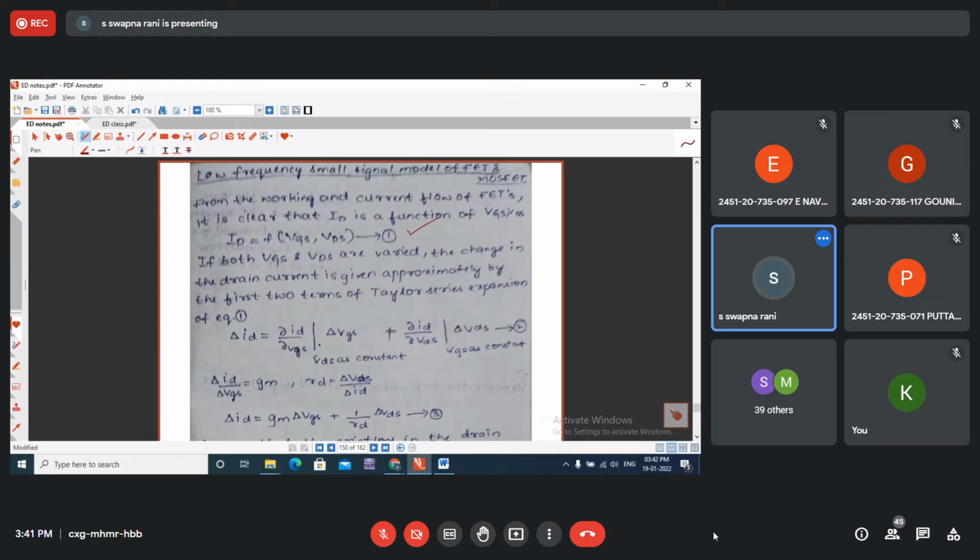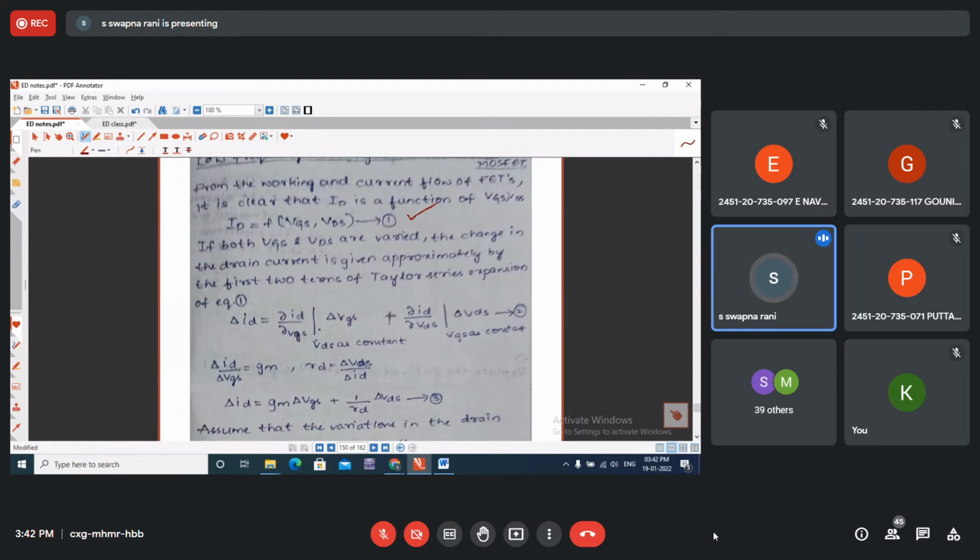So applying Taylor series expansion to this equation 1, we can write the drain current as delta ID equal to: the first term is differentiating the drain current with VGS, assuming VDS as constant, and the second term is differentiating the drain current with VDS, assuming VGS as constant.